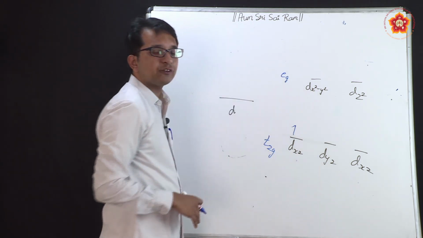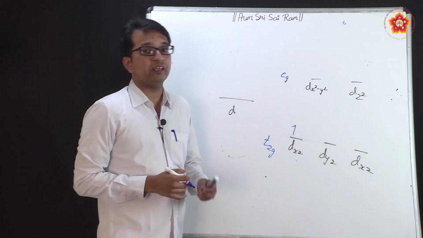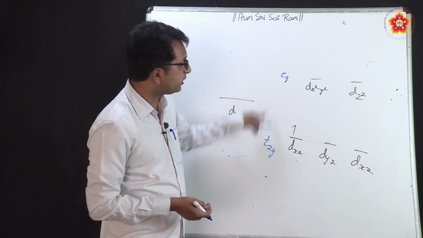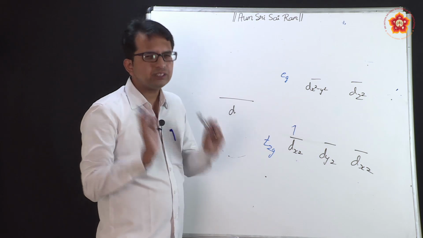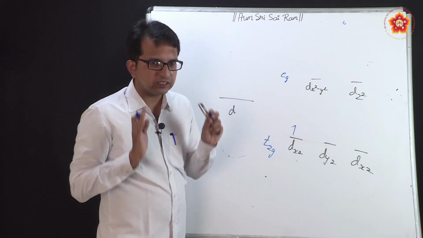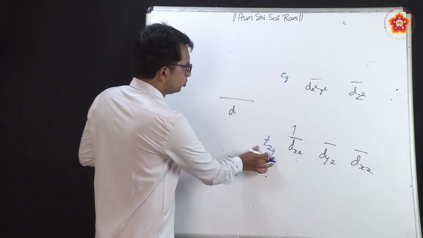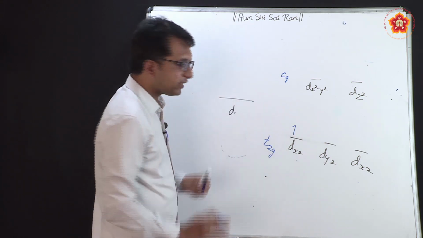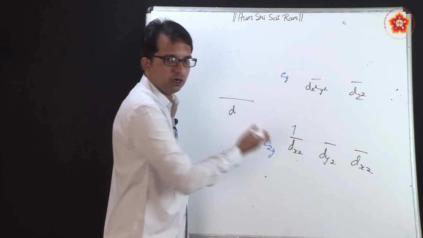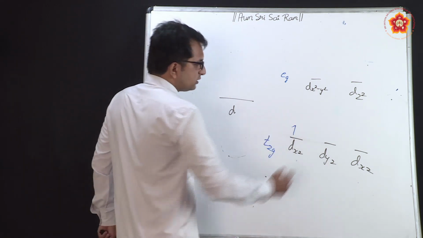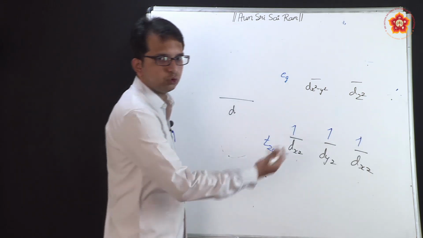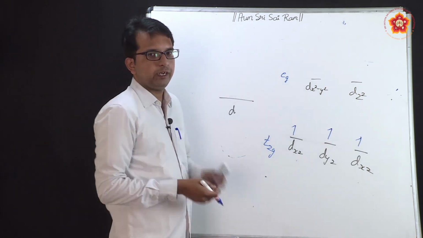These come at a much higher level of study, like postgraduate level, where they are called symmetry point groups. This study is not needed for you. If you know that this is t2g and this is eg, that should be more than enough. So the first electron will go here because this is of lesser energy. The second electron naturally will go here, and the third electron will go here. We know by the rules that first you have to fill them individually.